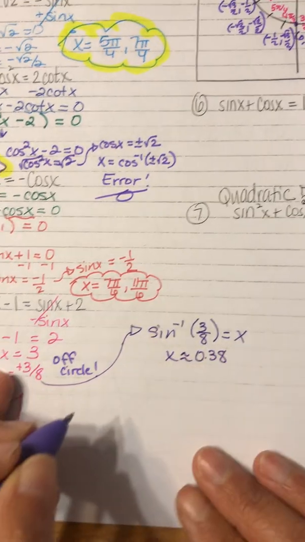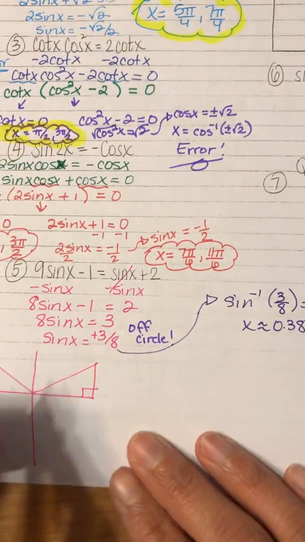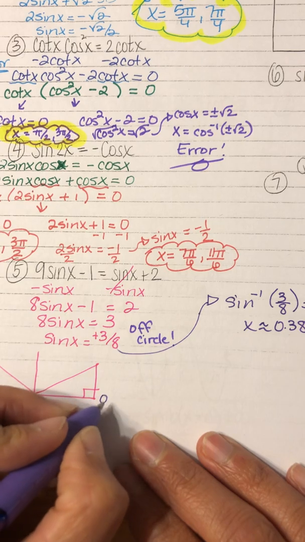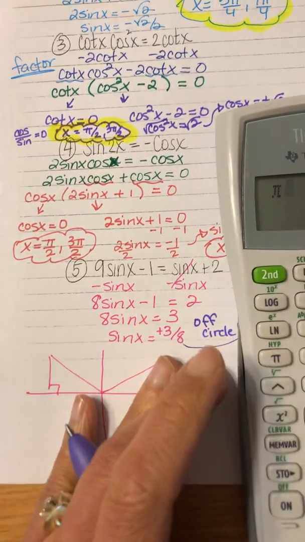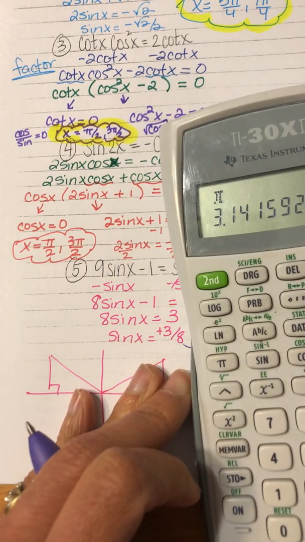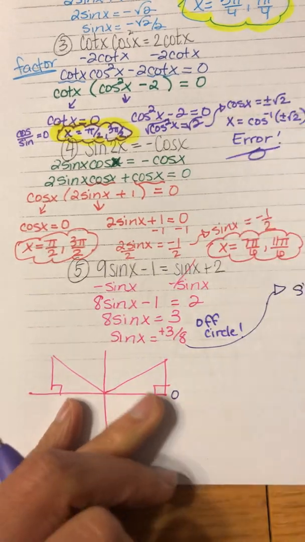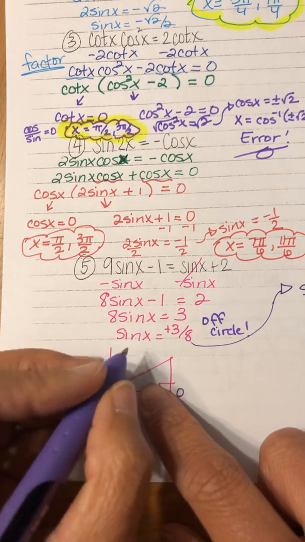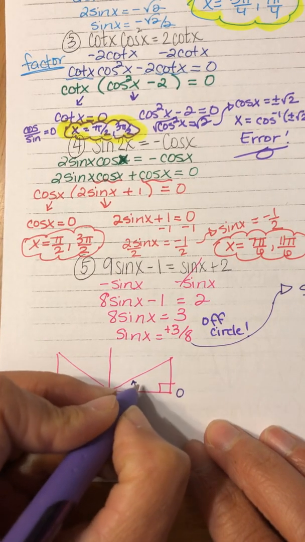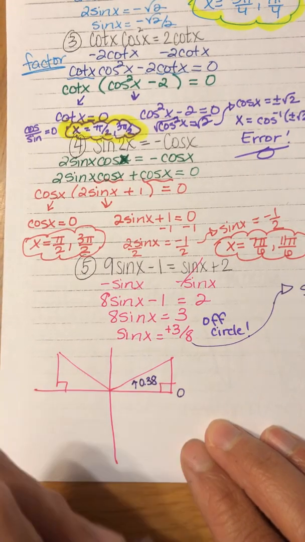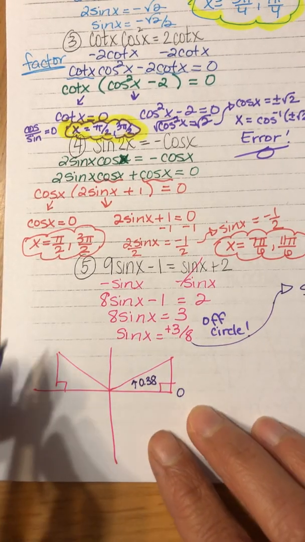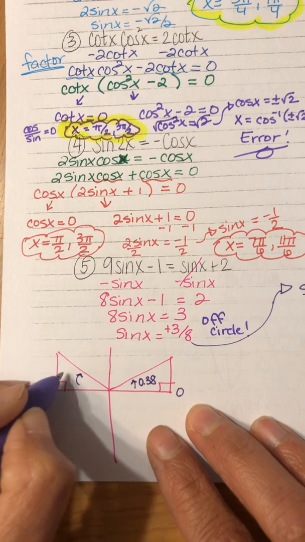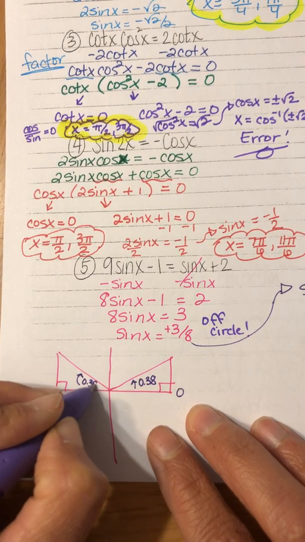Okay, so this is the smallest one. So remember how it starts at 0 radians and then it works its way over? Pi, how many radians is pi? 3.14, obviously, pi is 3.14. So 0.38 is this one over here. So this angle opens up at 0.38 radians. But 0.38 is also the reference, so that means this one opens up this way an amount of 0.38 radians.